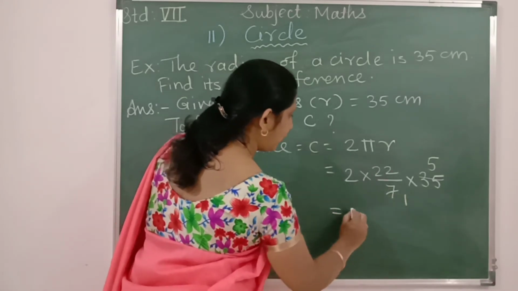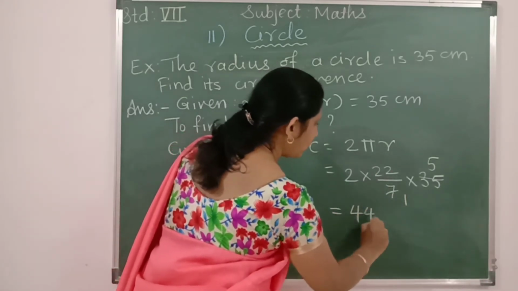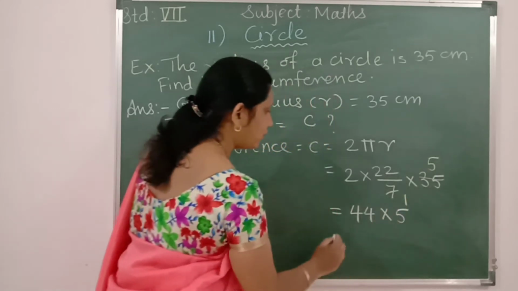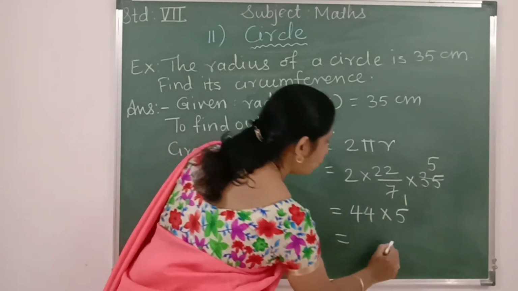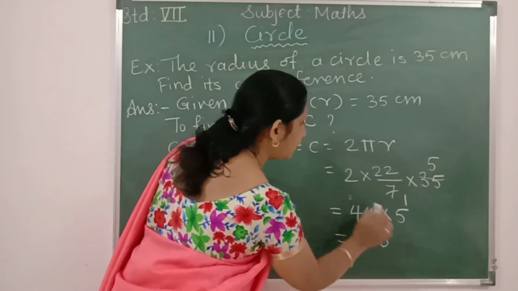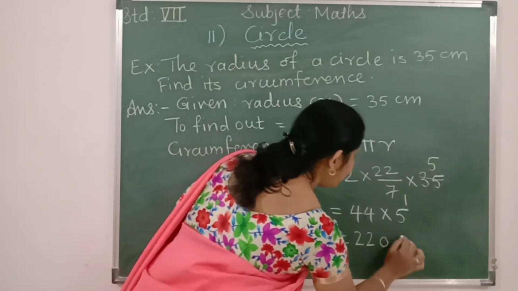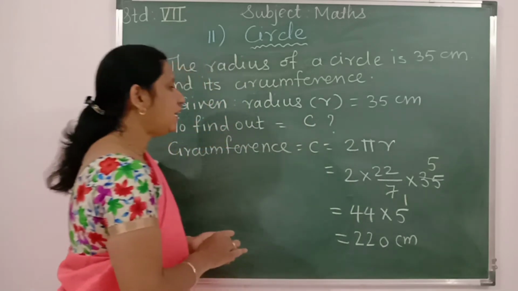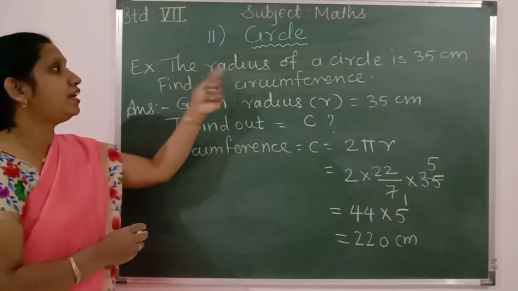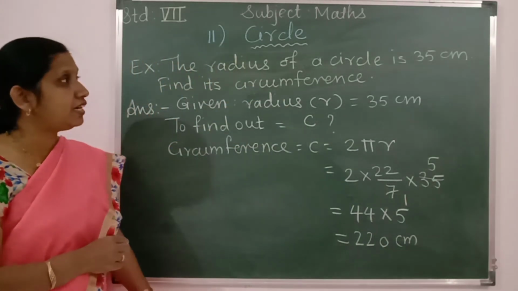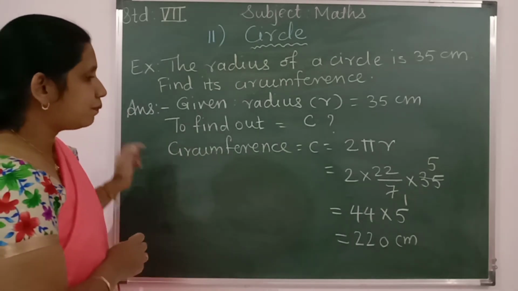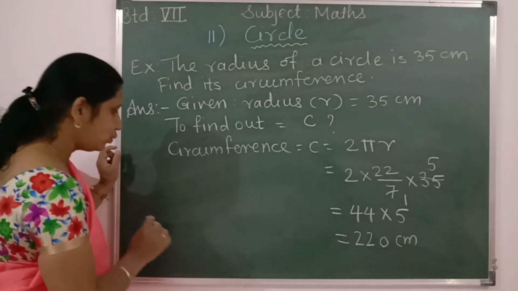Now 2 into 22, 44 multiplied by this 5. Alright. Now 5 4s are 20. Carry here 2. 5 4s are 20 and 2, 220. So it will come 220 centimeters. So when radius of a circle is 35 centimeter, its circumference is 220 centimeters.